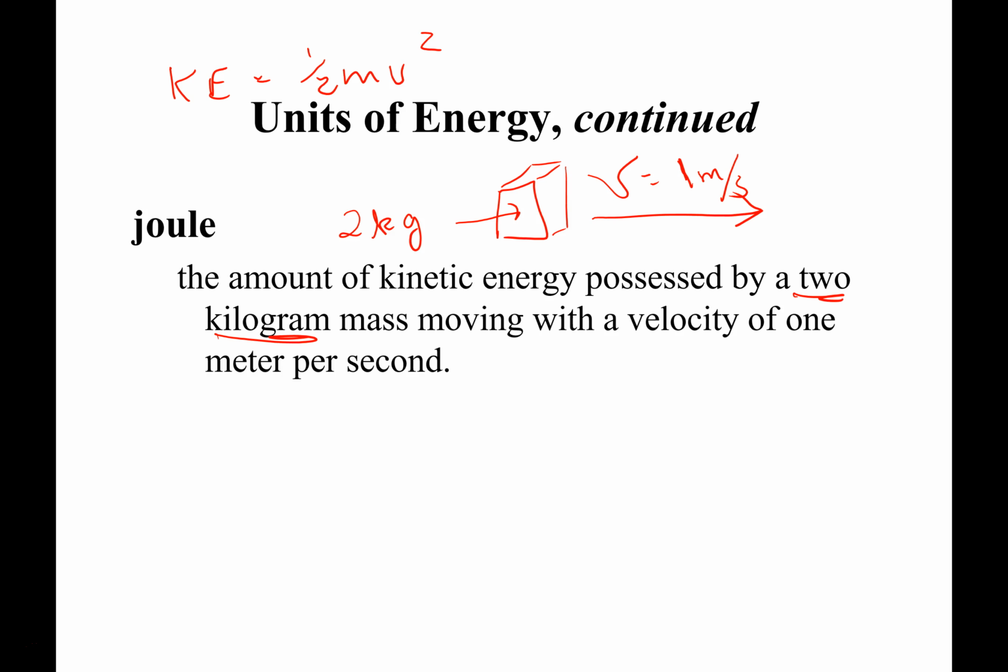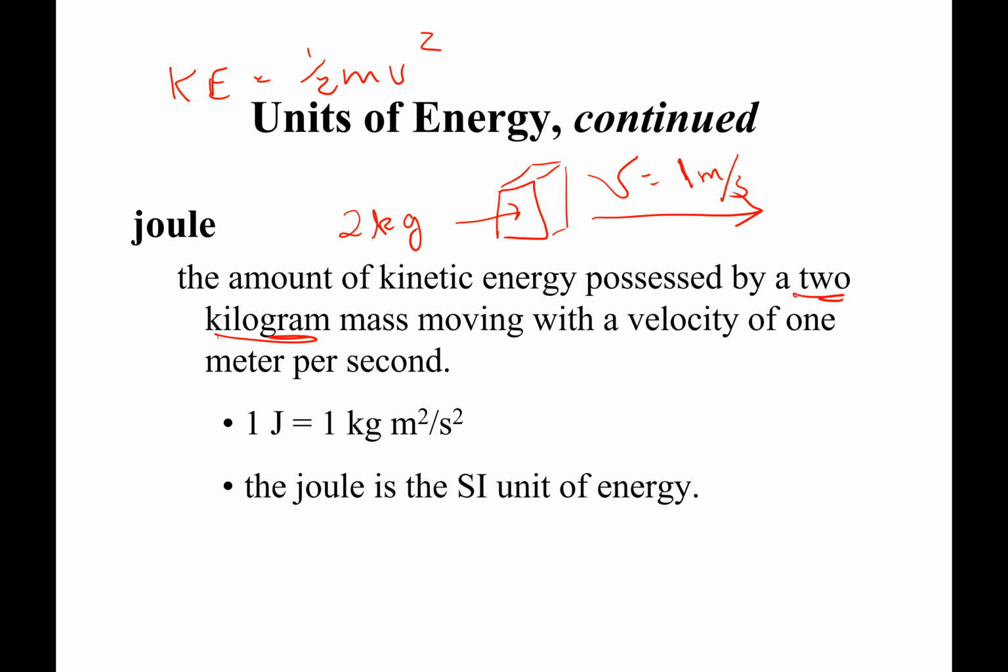Of course, the 1/2 takes care of the 2 kilograms, makes it 1. 1 squared is 1, so you actually have a value of 1. So specifically then, the kinetic energy associated with that moving 2 kilogram object is 1 kilogram meter squared per second squared. That's what you get when you plug those values in. And that's equal to 1 joule, capital J.